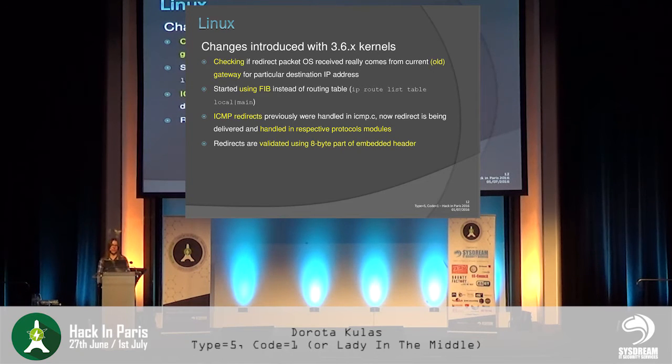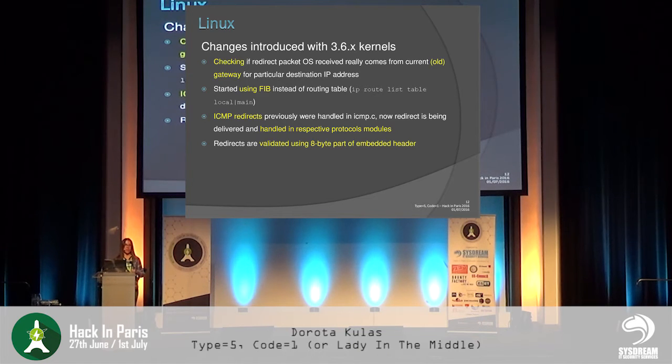So what did they change? They are now checking, when the attacker sends this ICMP redirect packet, or the real gateway sends this ICMP redirect packet, the Linux kernel will check if the source IP address of this redirect packet is the same as the default gateway, or the gateway to reach the destination we have in mind.